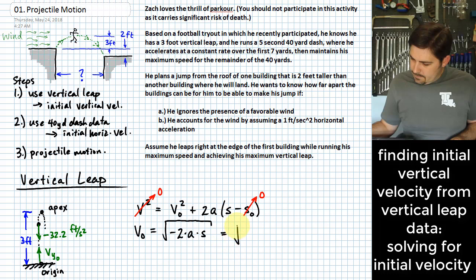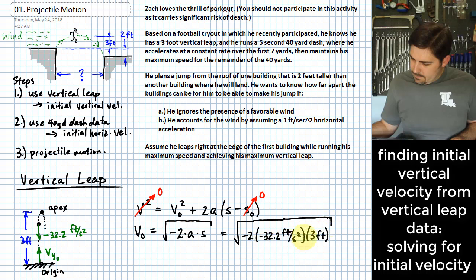So this is going to be the square root of minus 2 times minus 32.2 feet per second squared. Okay, and then that final position is 3 feet. Okay, and that's the calculation that we need to do.